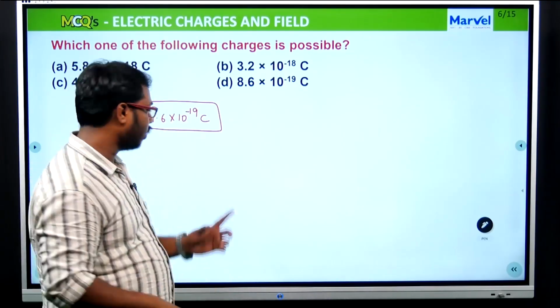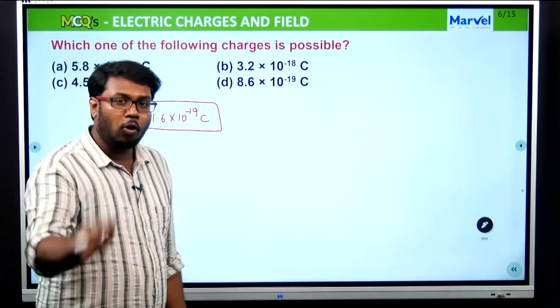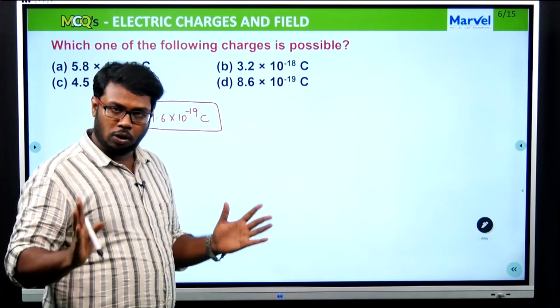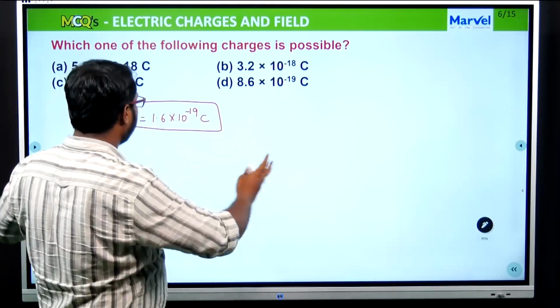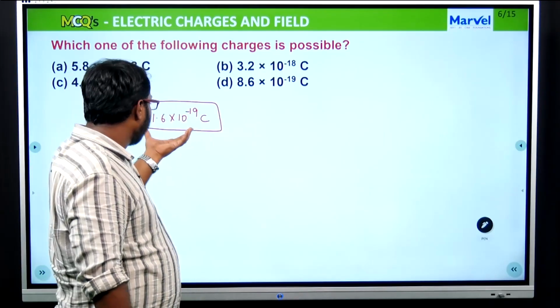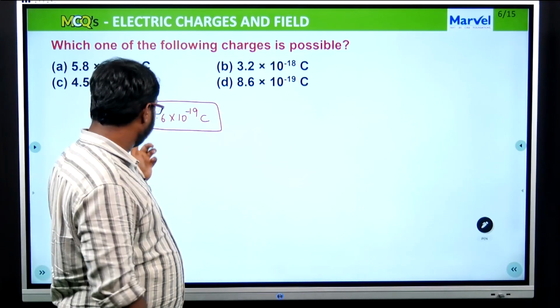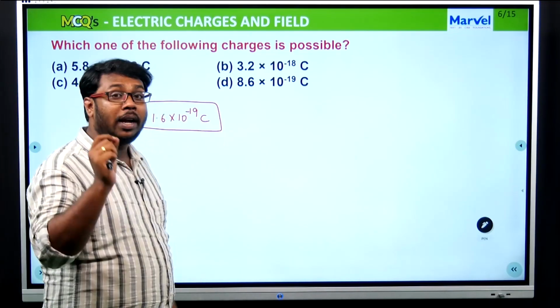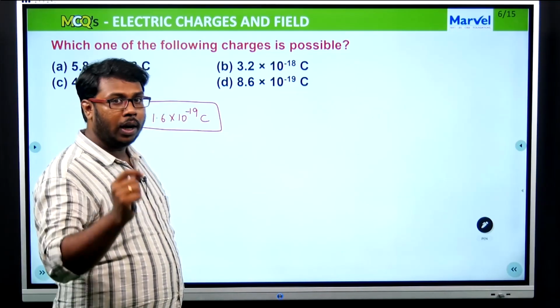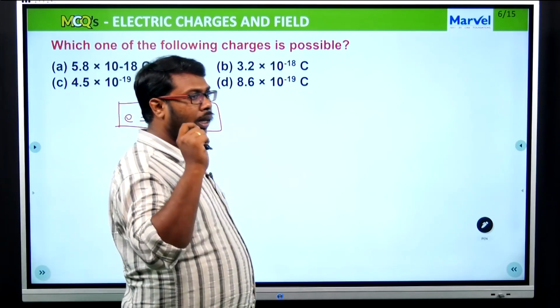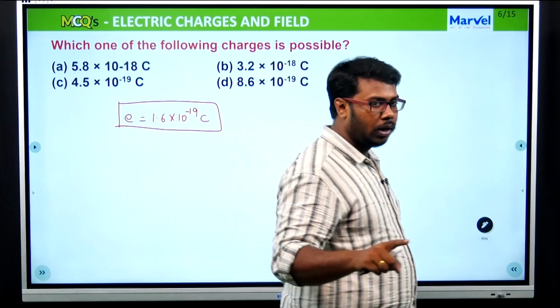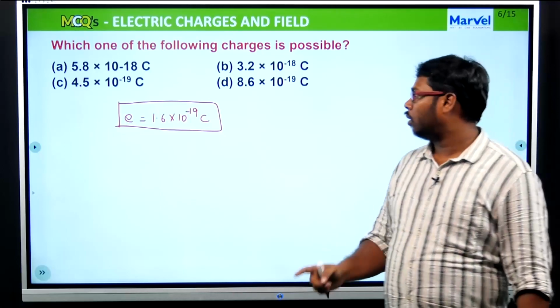If there are two charges, 2 times this. 4 charges, 4 times this. So your answer should definitely be an integral multiple of this, which means if you divide your answer by this particular value, you should get a whole number. Decimal values are not possible here. That is what I am going to check.